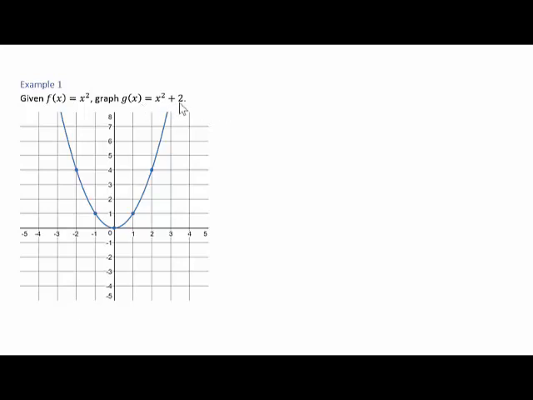Okay, because the plus 2 occurs on the outside of the toolkit function, I then know that this is a vertical translation. So you can think of this as g of x is equal to f of x plus 2, where 2 is k.